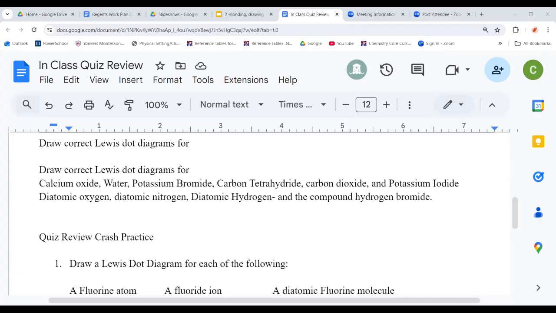All right, let's do carbon tetrahydride. Carbon has 1, 2, 3, 4. Each hydrogen will have 1. You can see that carbon, if he wants 8, is going to need to put a hydrogen in each one of these spots. So he's going to do this.